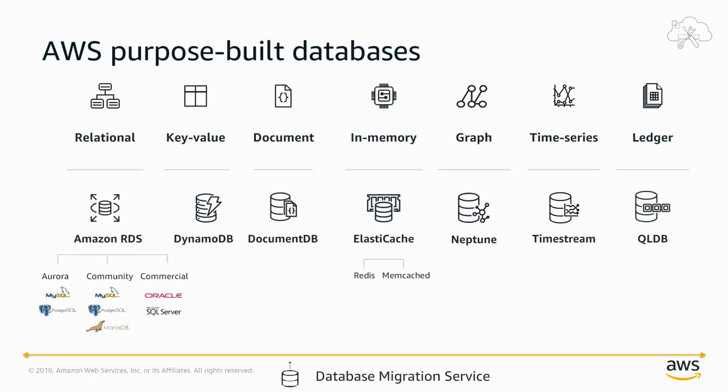In memory, we have a service called Elasticache. Elasticache is conceptually similar to RDS in that we manage already available open source engines like Redis and Memcached, but it allows you to use those engines for your applications without having to do all of that undifferentiated heavy lifting of maintaining those databases. Neptune is our graph database. TimeStream is our time series database. And of course, QLDB is our ledger database.